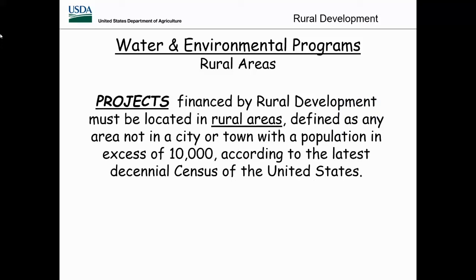The law that was written to set up this program defined a rural area as a city with 10,000 or less people. Of course, we can work with counties outside the city limits. I can work with a county and the population doesn't affect it. That 10,000 just pertains to an incorporated city.